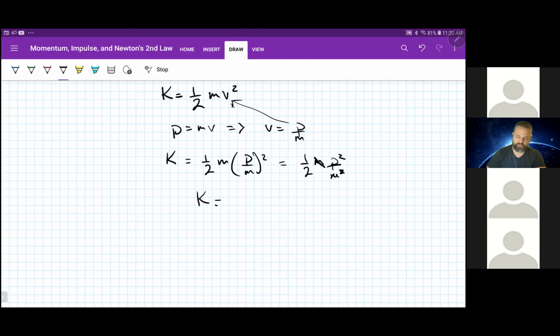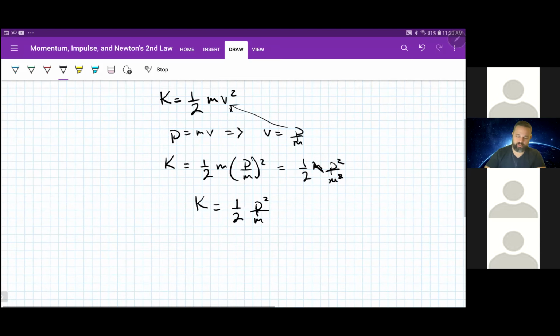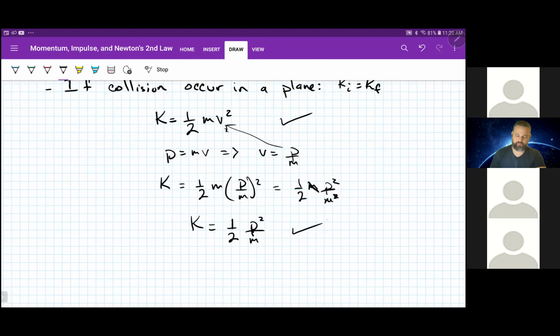So my kinetic energy is going to be equal to 1/2 times P squared over M. Okay, so either one of these equations will work with these collisions. If I can find the momentum and square that, then I have the kinetic energy.